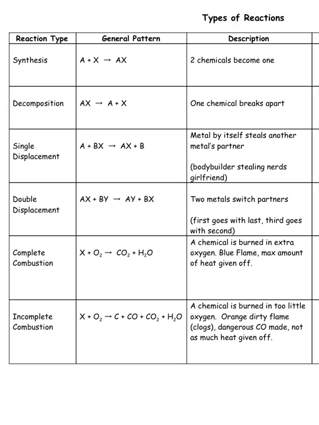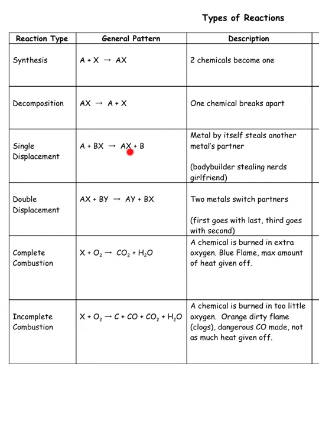The third type of reaction is called a single displacement reaction. And it follows this general pattern. Usually you see a metal element that's by itself attacking a compound. What happens is that element doesn't want to be alone anymore, so it's going to steal the other metal's partner.